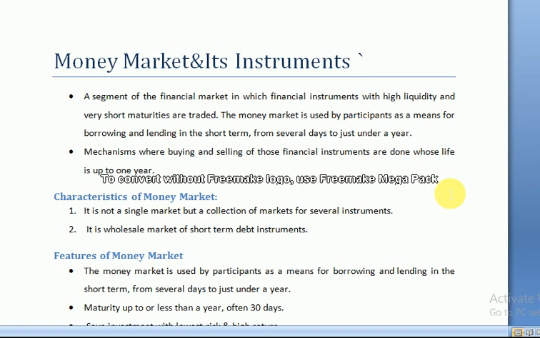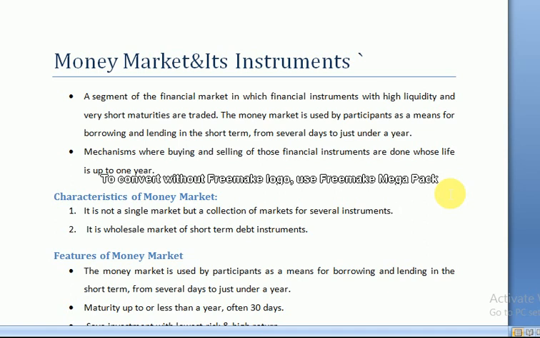So now we will move towards the characteristics of the money market. Look at the first characteristic of the money market. It is not a single market but a collection of markets for several instruments. Several instruments are trading, not in a single market. Clear?